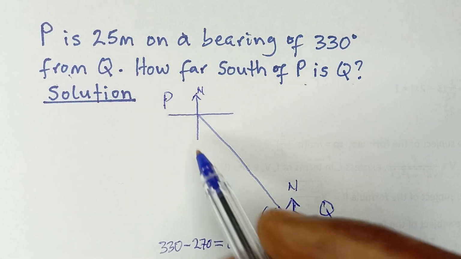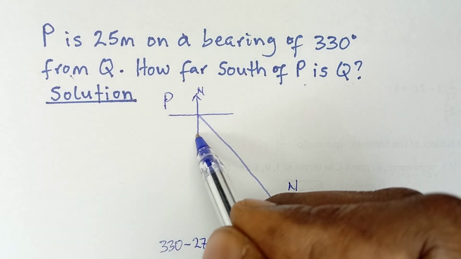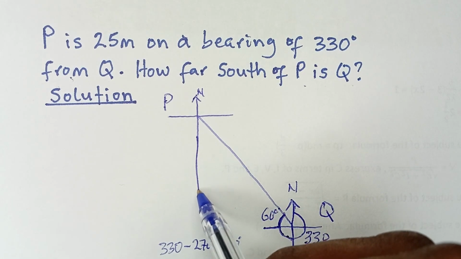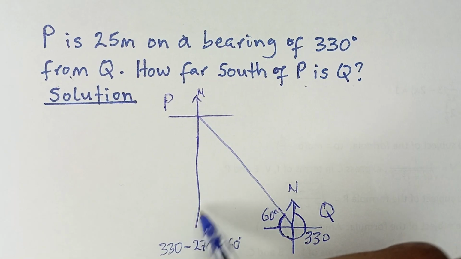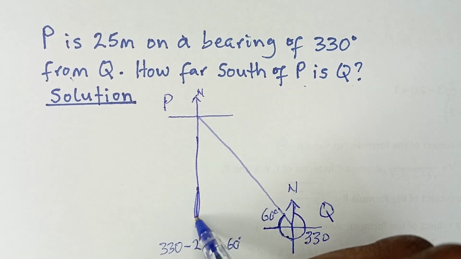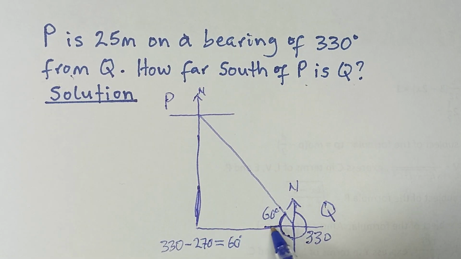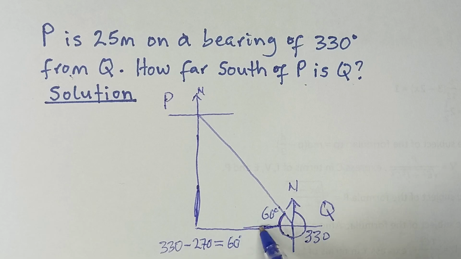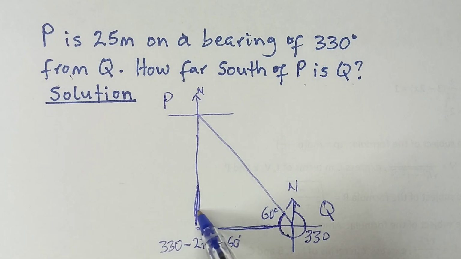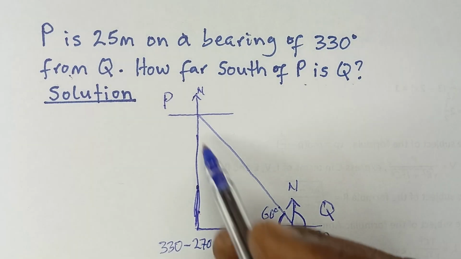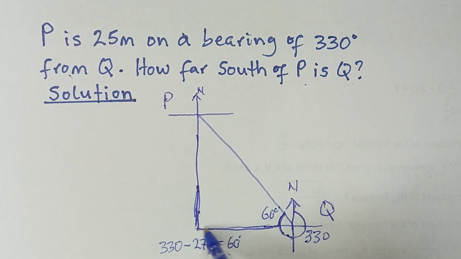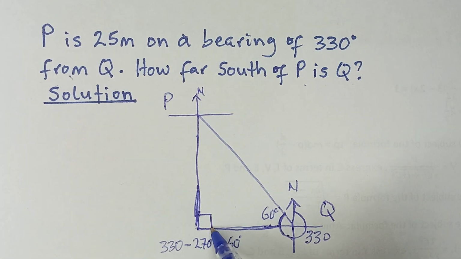For us to get this, we are simply going to draw this line downward until we get to this horizontal level of Q, which is the 270 degree line of Q. So this vertical line coming down and this horizontal 270 degree line are perpendicular, which is this angle 90 degrees.